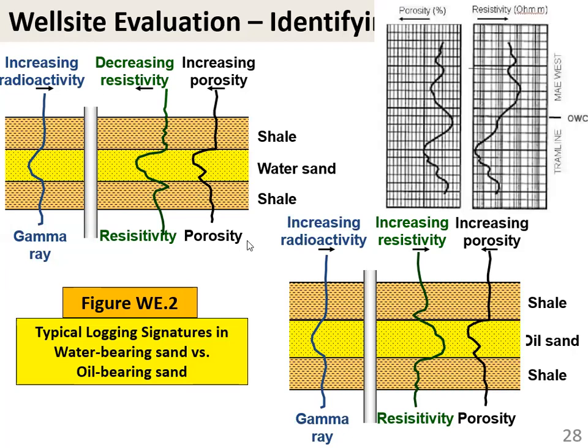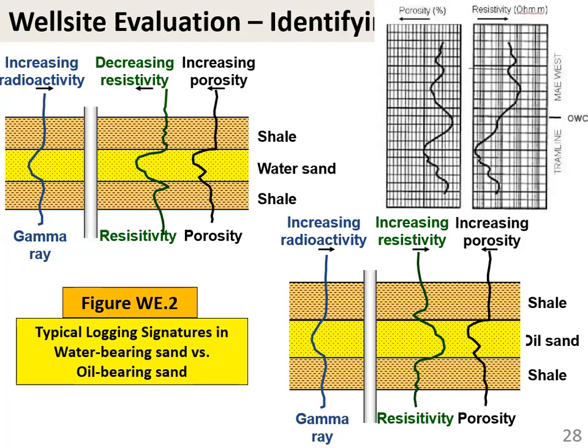So this is the case where you run the log in a water zone. If you look at it, the gamma ray, the resistivity, and the porosity logs all trend. So the tram line, that's the term used.